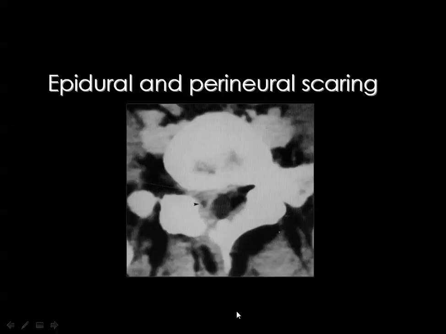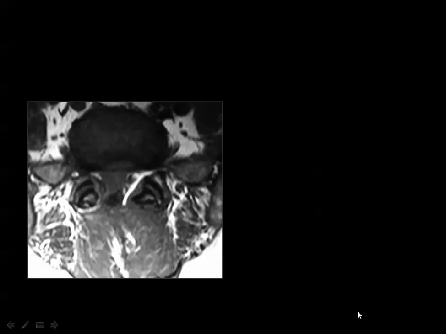This was the CT scan performed in cases of postoperative spine. In this patient, there is a laminar fenestration on the right side, and this is the thecal sac, and this is of course the nerve root, which is surrounded or entrapped by the extensively enhancing perineural scarring.